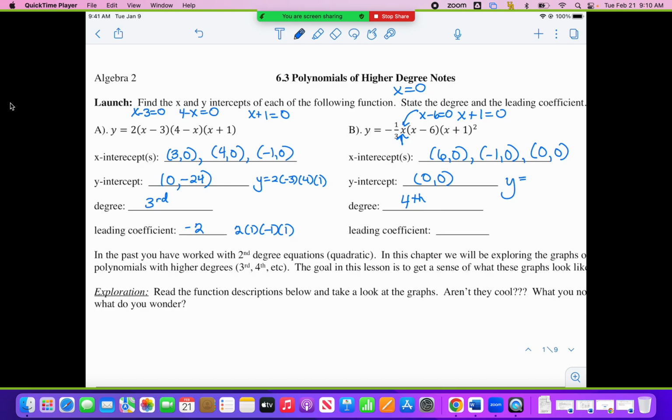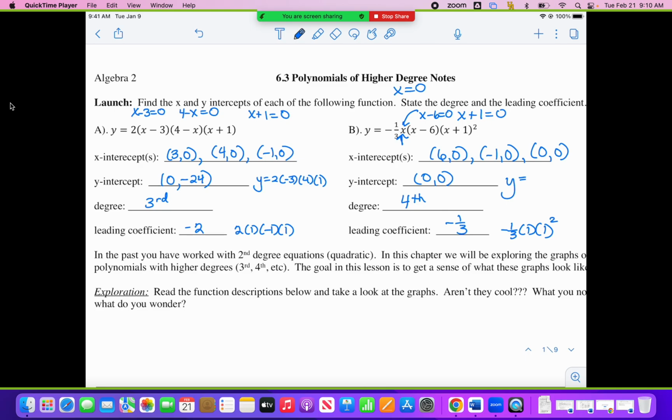Awesome. Okay, good catch. If you have that x plus 1 squared, that really is 2 x's in there. All right, the leading coefficient. I'm going to get negative 1/3 times 1, and then that 1 in front of the x is squared. So this is a case where it is, in fact, negative 1/3.